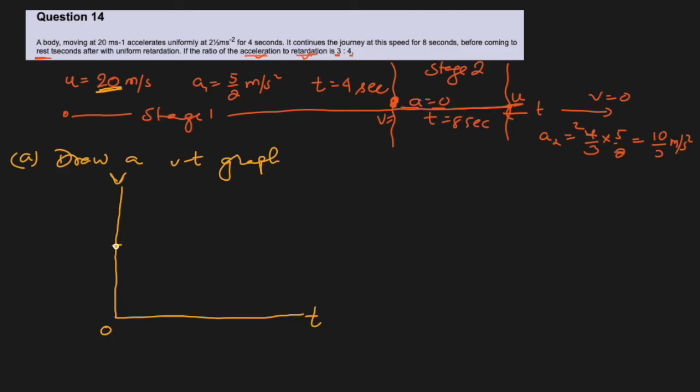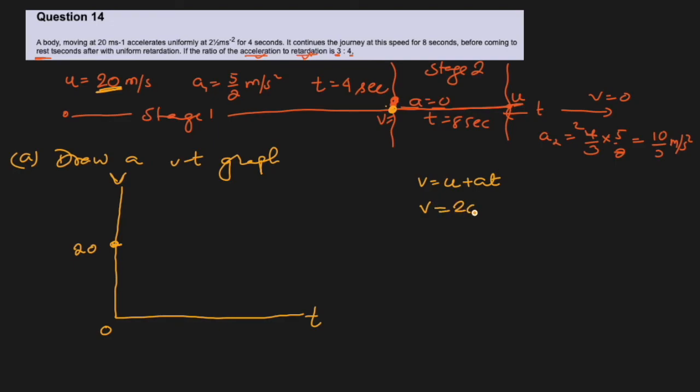So it starts from here. Now it accelerates. That means the speed becomes faster and it becomes something. We don't know what it is yet. Let's use V equal to U plus AT. This is a kinematic formula. So we can find what this V is at this point.